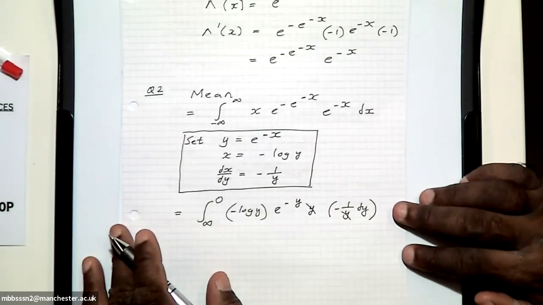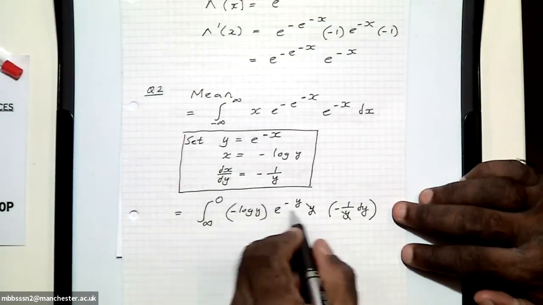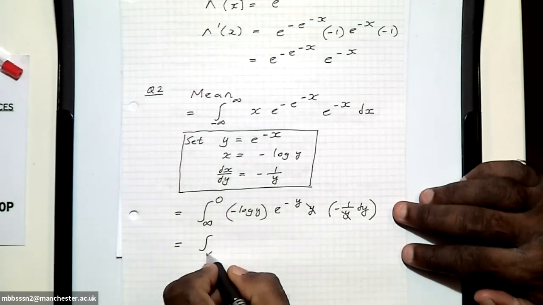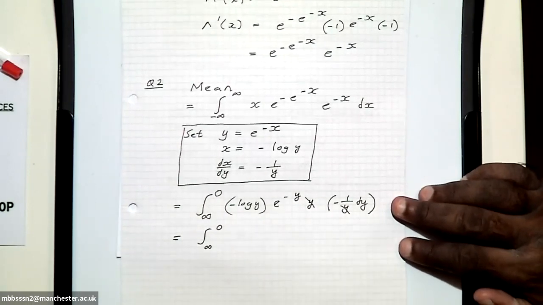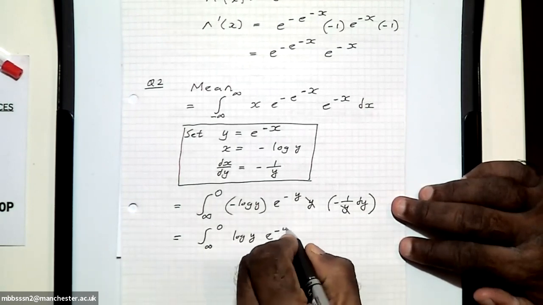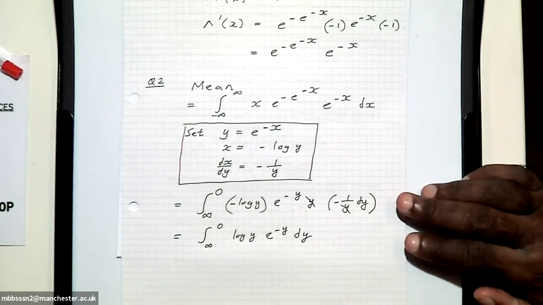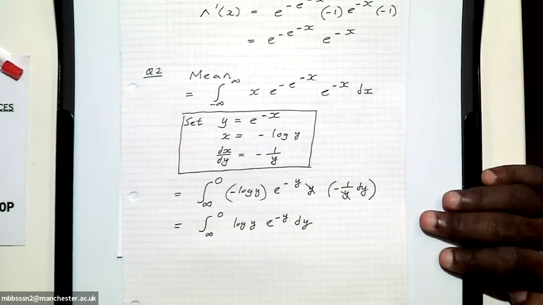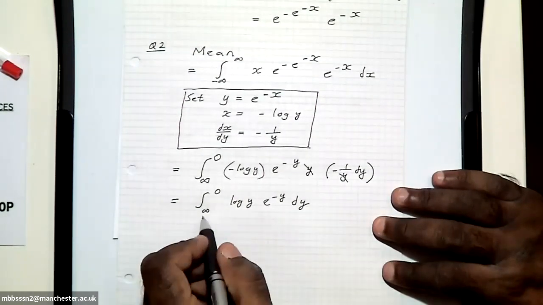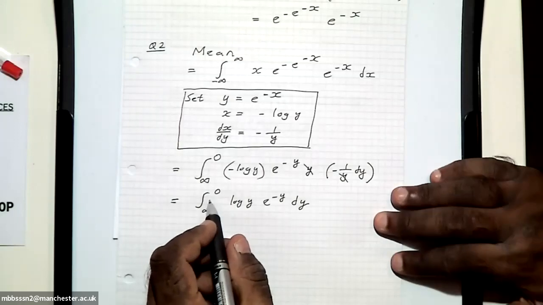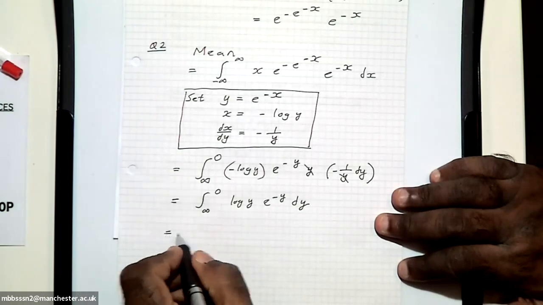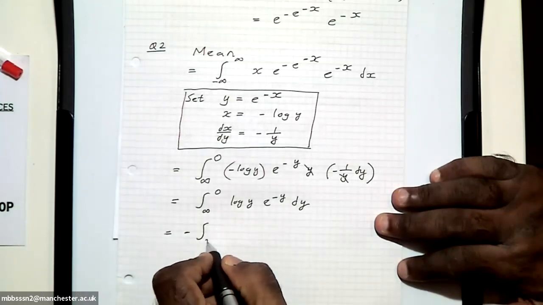And there are 2 minuses, so you get this. Yeah, correct me if I'm wrong. I hope I'm correct. Now to change the limits around, because it goes from infinity to 0, you want to change it back from 0 to infinity, right? So you introduce a minus sign.